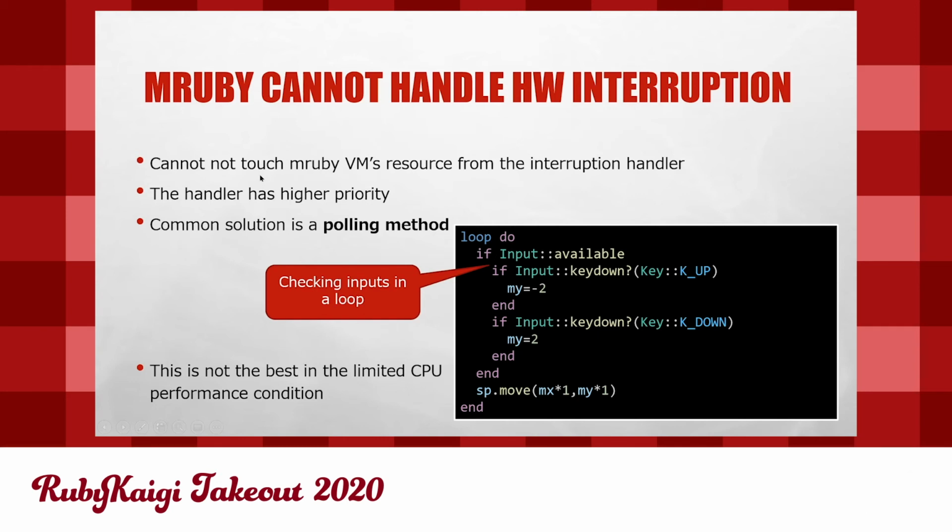For mruby, unfortunately, mruby cannot handle the hardware interruption because the virtual machine resource cannot be accessed from the interruption handler, since the handler has a higher priority than mruby.